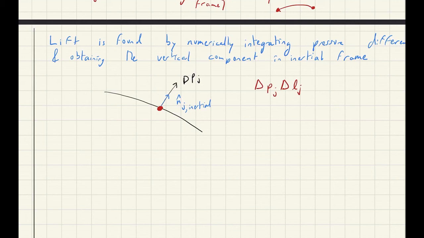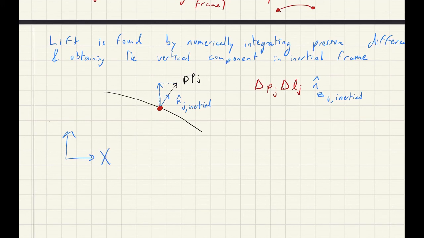And then to find the component of this force in the vertical axes here, all we do is multiply this bit here by the vertical component of the normal unit vector at J in the inertial frame, since we are interested in the inertial axes and not the wing fixed axes.